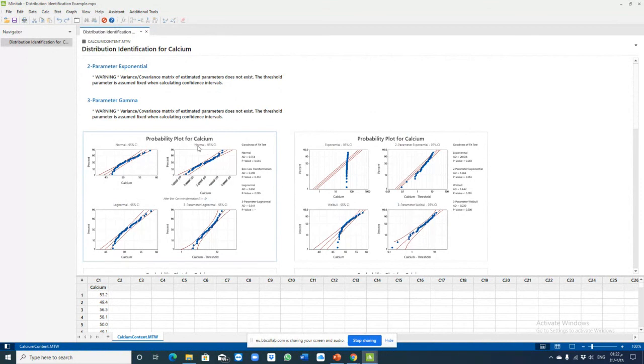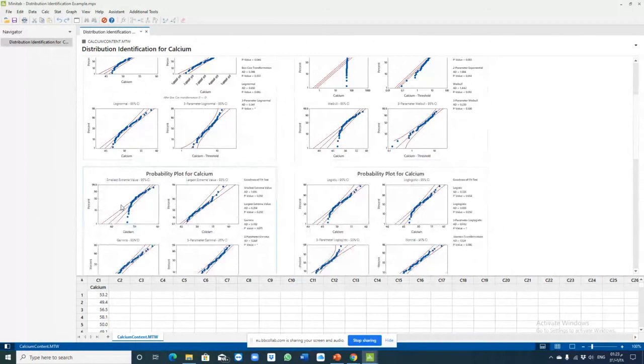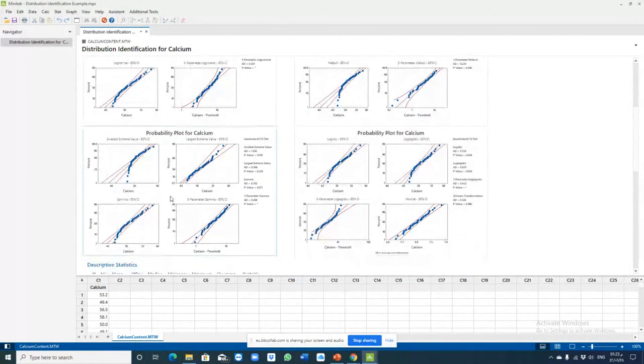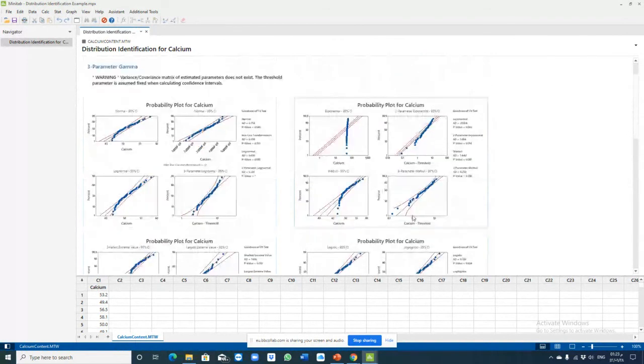For example, here is the normal distribution and how the fitness is, and also it shows you the log normal, the 3-parameter log normal, and the gamma. That's what we covered here. Also, it has the Weibull, the exponential, all of them, to see how each fits. You see how this is not really fitting at all.